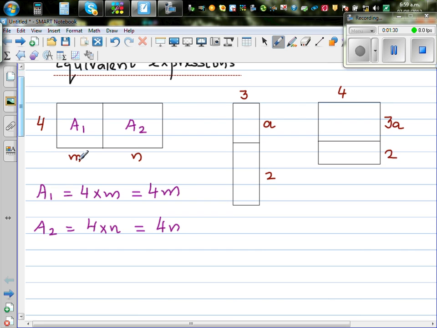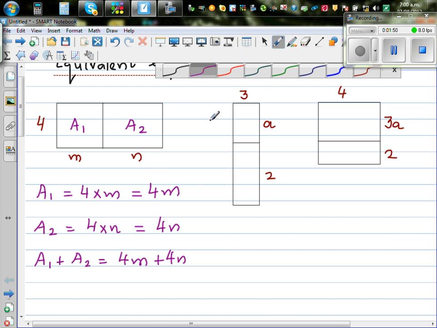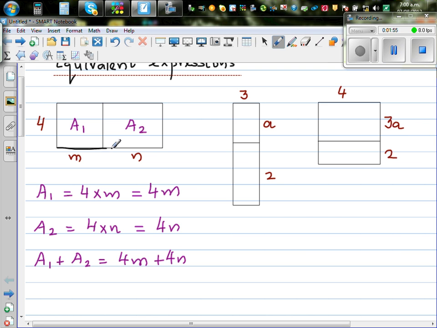Now can we write this? I can say the area of the whole rectangle would be A1 plus A2, which is 4m plus 4n. Now suppose you think about this in a different way. If you take this whole length from end to end, the length from end to end is m plus n.